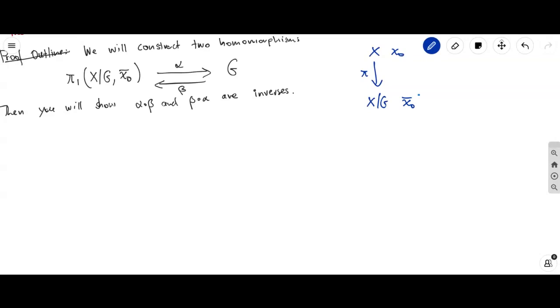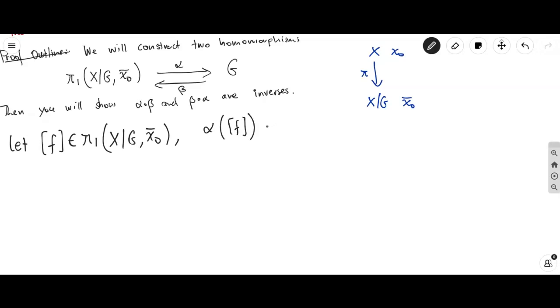And then we have x0 bar, which is the mod class. So we have a covering space. Now, let's say let F be a homotopy class in the quotient space. And the question is, how do you define alpha on this homotopy class? So what is it? And whatever it is, it has to end up in G. So you see that?